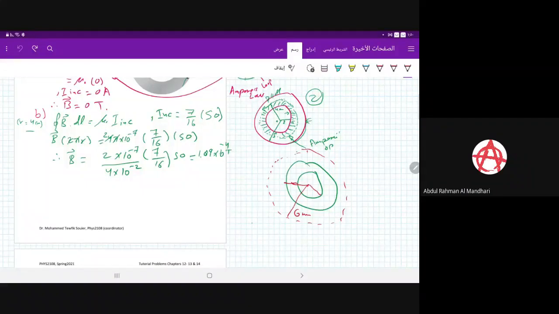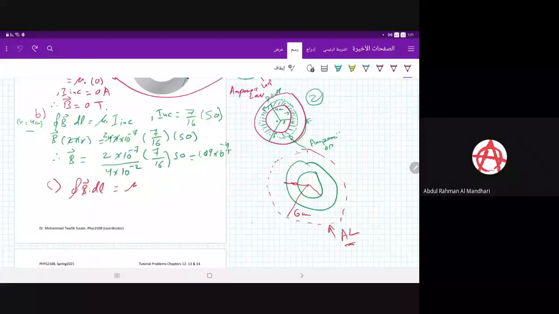Again, it's the same game, but in this case, the Amperian loop, let's call it like that, now covers the whole conductor. So in this case, it will be very easy for us. We know that in part C, this is the integral of B dot dl, and the right side is very easy for us, equals mu naught I enclosed.